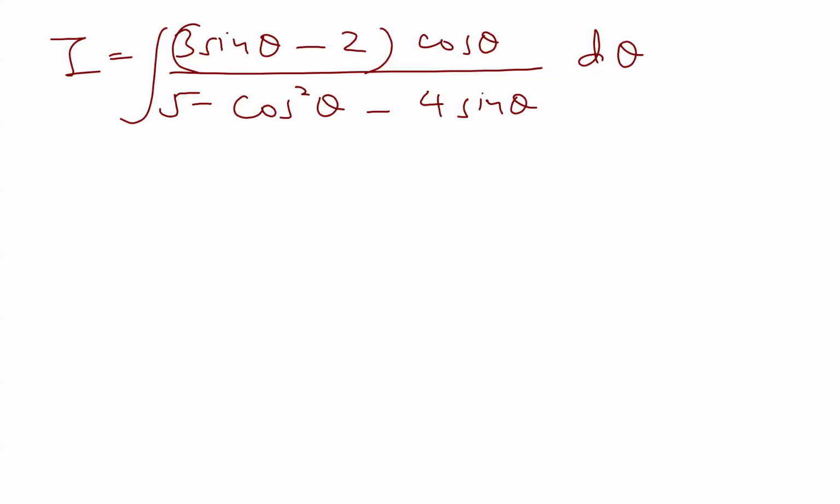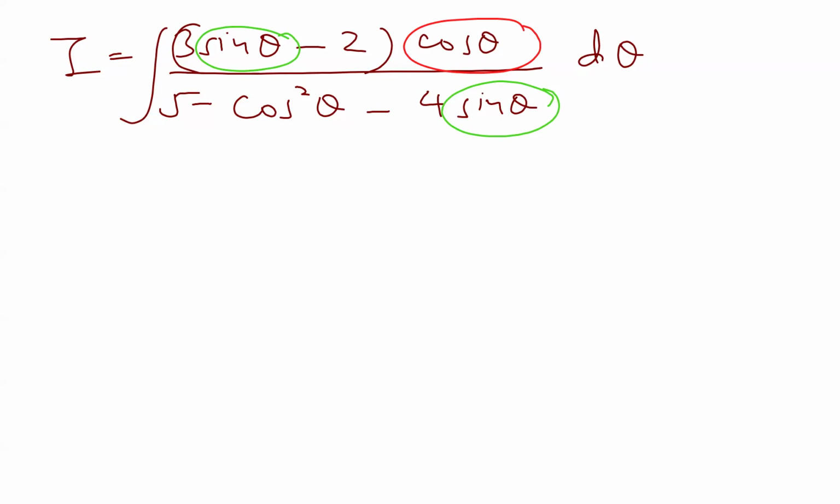Now see, initially the problem will be difficult. Later on, you'll have to solve once the initial part is clear. Now, one observation over here: derivative of sine is cos, and that cos is present in the numerator.